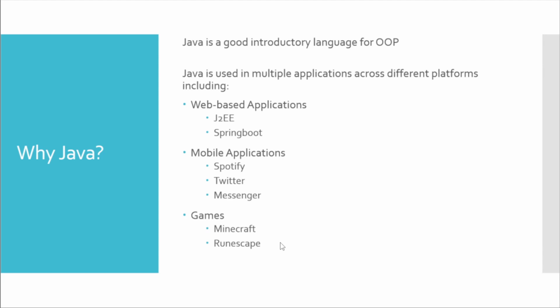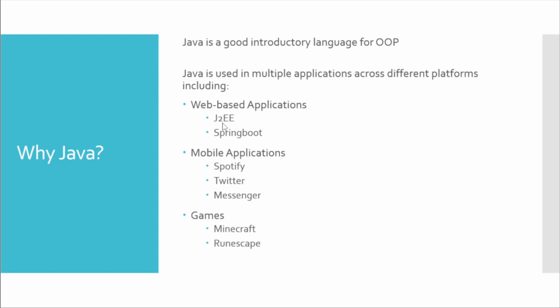Aside from that, Java is a very powerful language and is used for multiple applications now across different platforms. You can use it in web-based applications with things like Spring Boot, etc. J2EE is the enterprise edition of Java. We will be using just the Java SE, which is the standard edition.